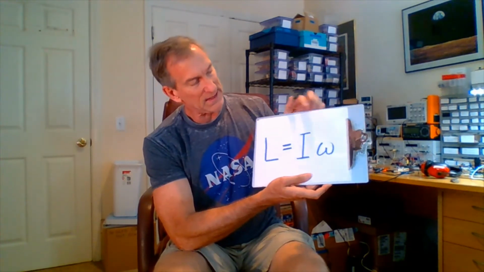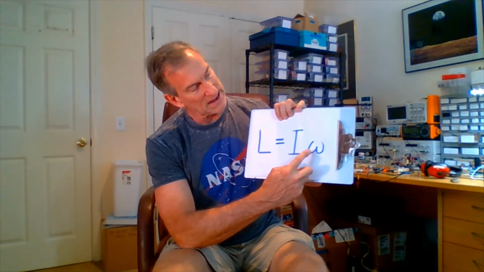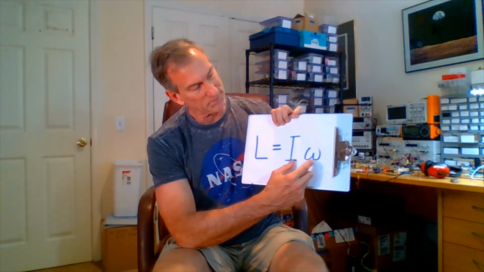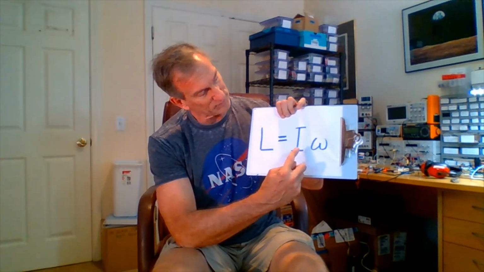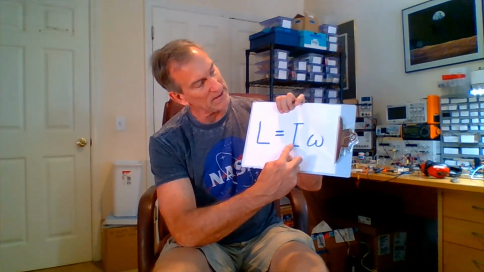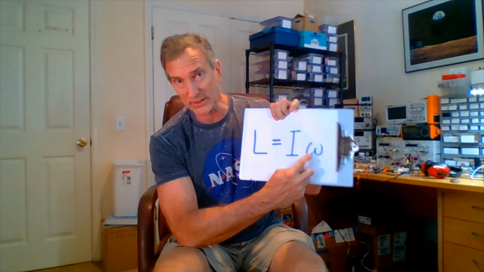So when we say that angular momentum is conserved, we mean that it stays the same. What that means is the product of I and omega has to be constant. So if one of these terms, for example, if I gets larger, then omega will have to get smaller, and vice versa. If I gets smaller, then omega will get larger.